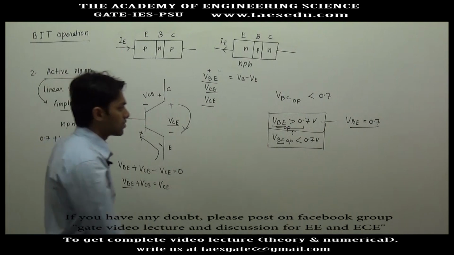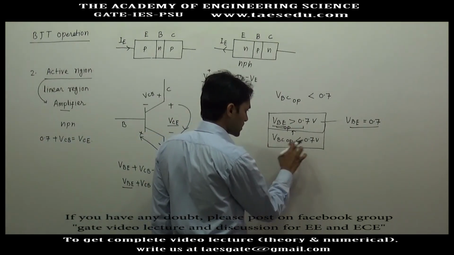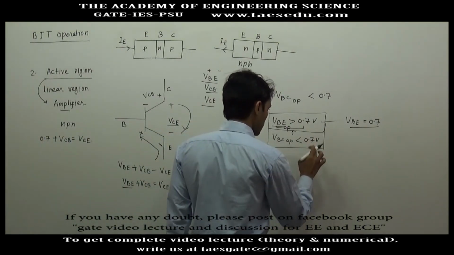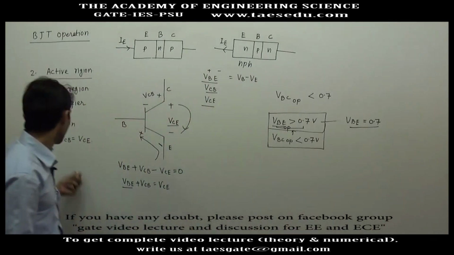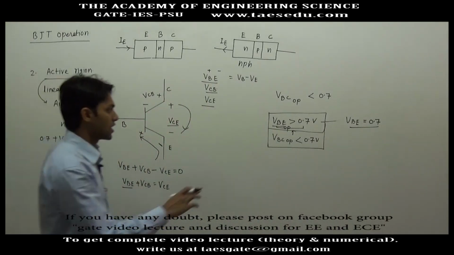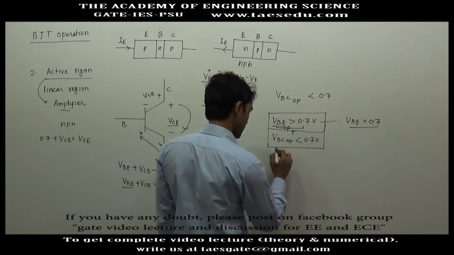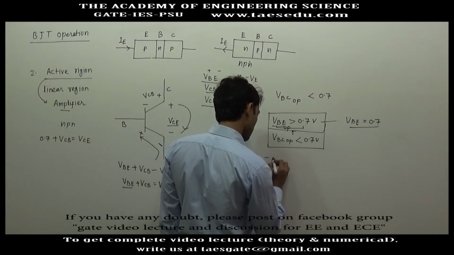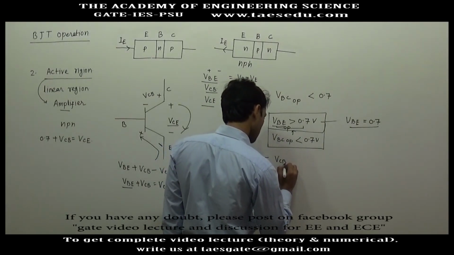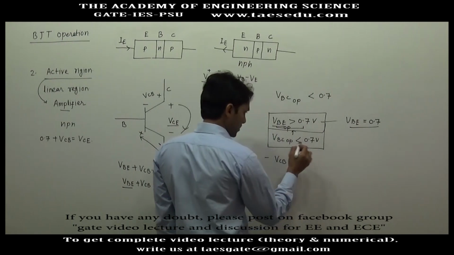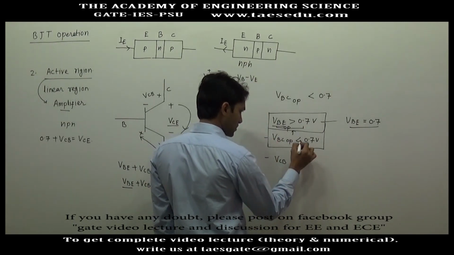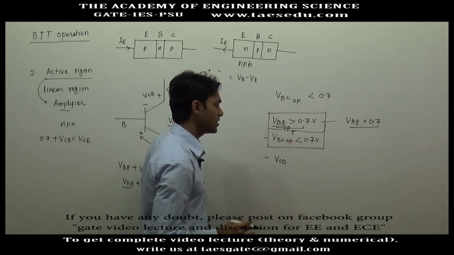Now VBC open circuit must be less than 0.7 volt, and here we have VCB, so I will convert it into VCB. If you add a minus sign on both sides, the sign of the inequality is reversed.